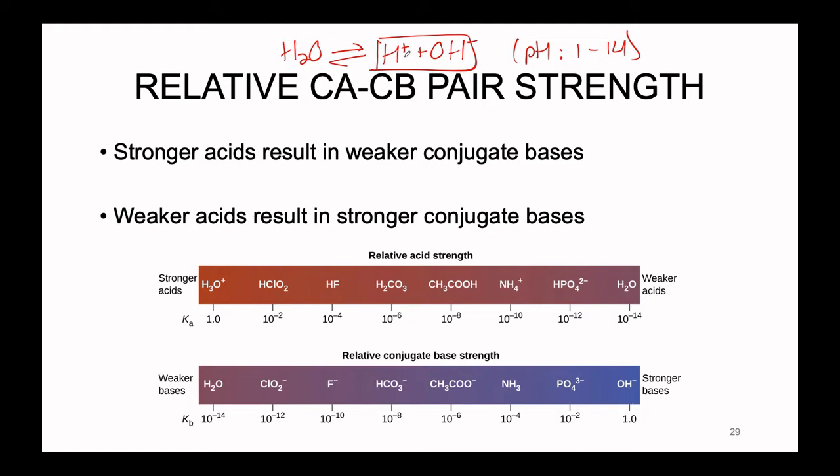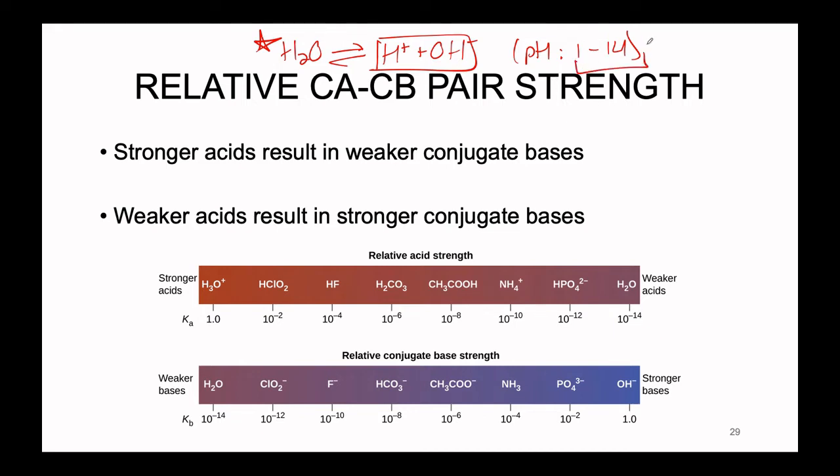Similarly, if we have a weak acid and its corresponding conjugate base in water, the amount of H plus and OH minus that can be generated by these reactions must also adhere to the solvent, being water's nature, its dissociation, and it being the conjugate acid-base pair has to play also within the brackets of this pH of 1 to 14.